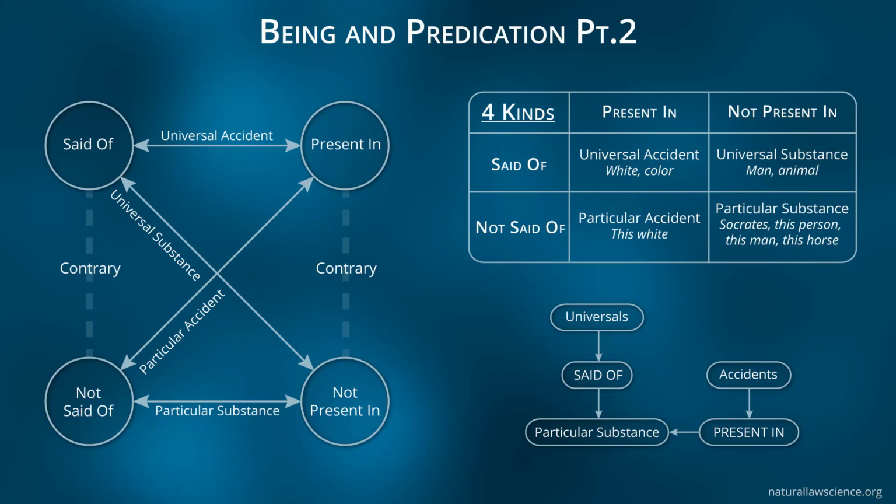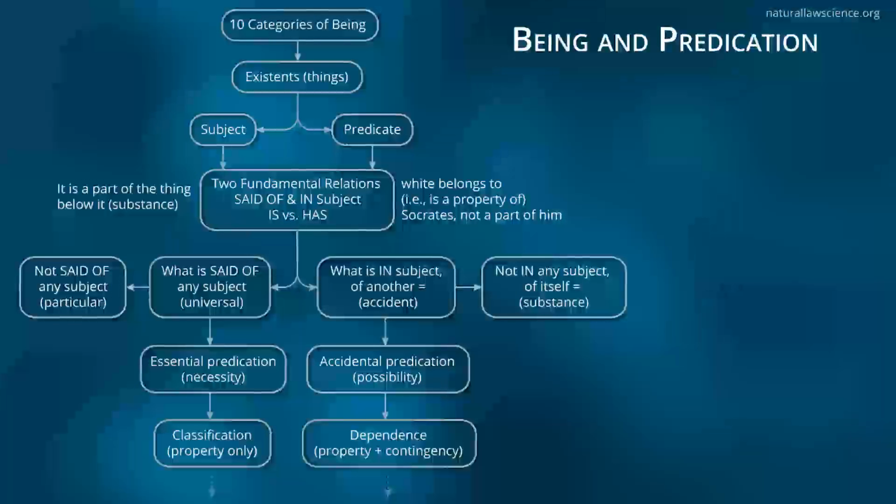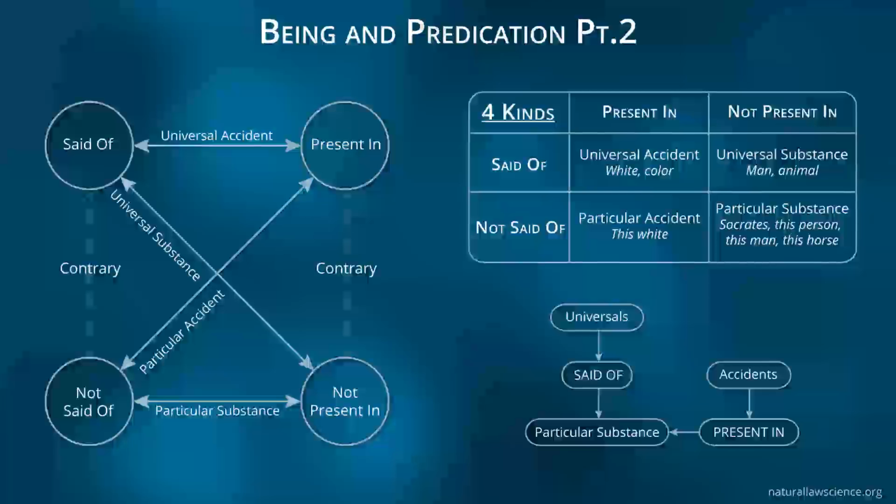If you go back to infographic 12, that's what the 4 parts here are. What is said of, or what's not said of, and then it becomes a particular. If it's said of, it's a universal. If it's in, it's an accident, and if it's not in, it's a substance. So when you take these 4 rules and you apply them, you can make a chart where it's present in, said of, present in, not said of, not present in, said of, and not present in, not said of.